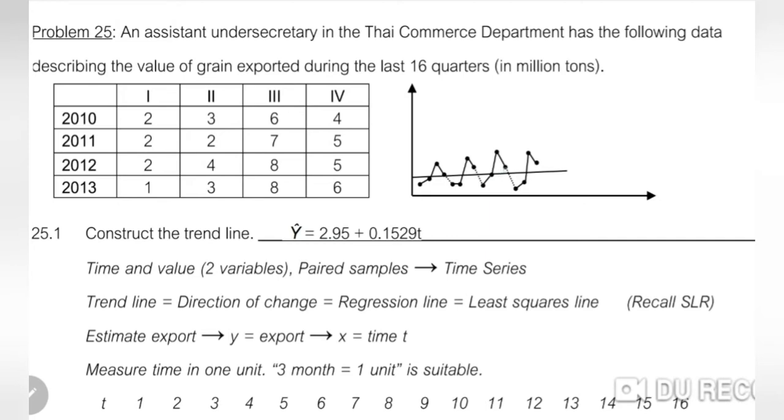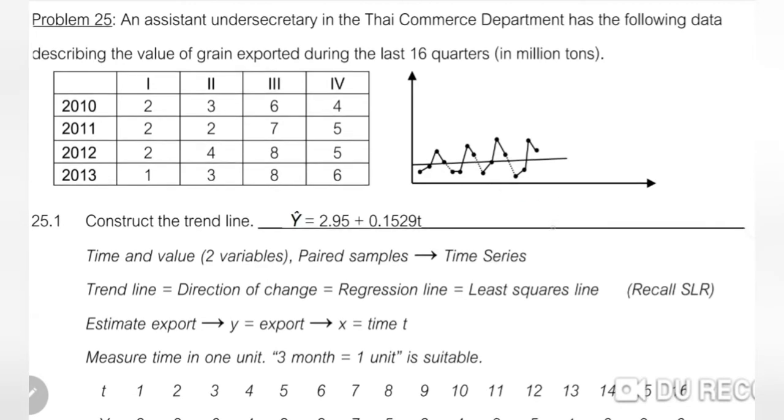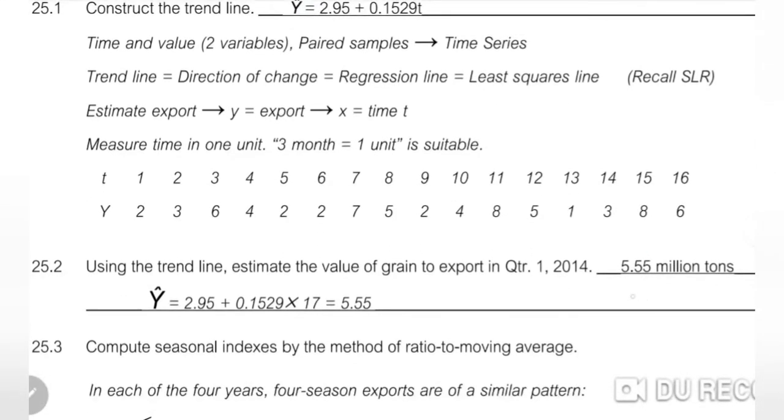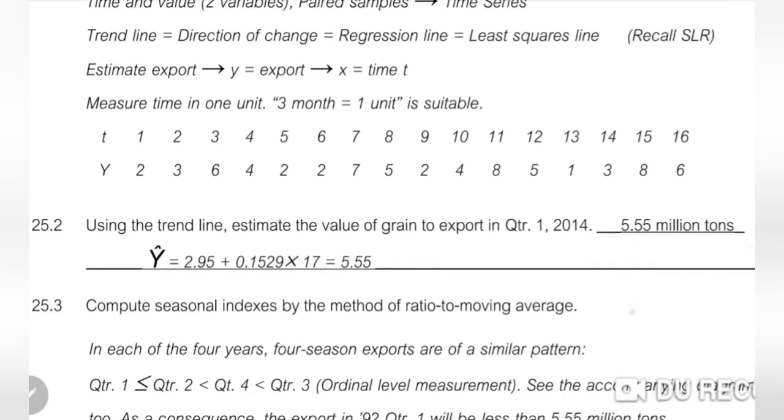Quarter 4 is well above the line. Therefore, the estimated value will be quite far from actual values except quarter 2. So we cannot use the 5.55 million ton estimate for quarter 1. This will not be realistic.